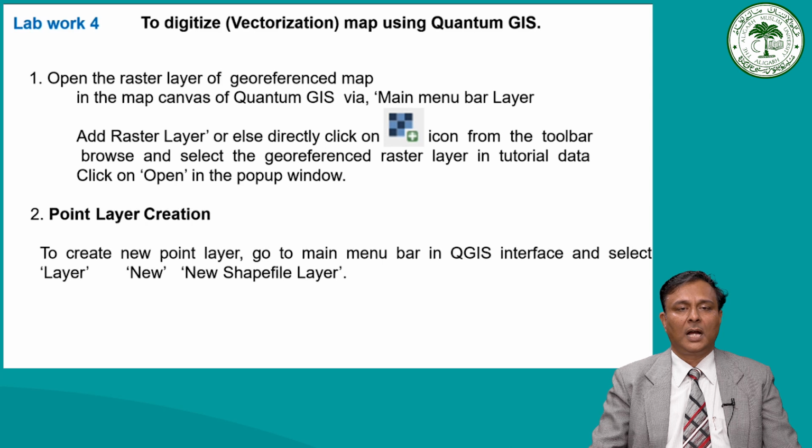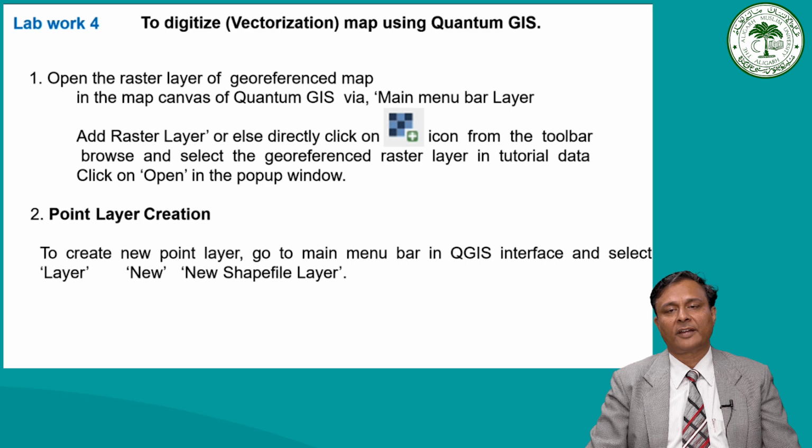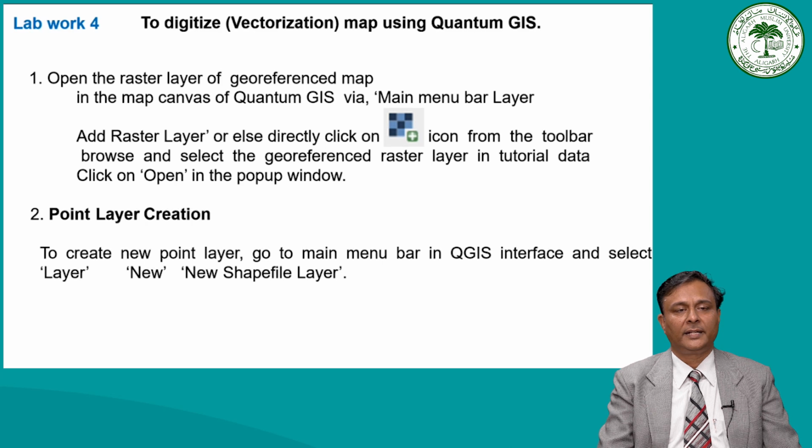Now, how to digitize it? Here we would take the already georeferenced topographic map and add the raster layer. We want to digitize a point entity, so a point layer is to be created. To create a point entity, we need to create a point layer.